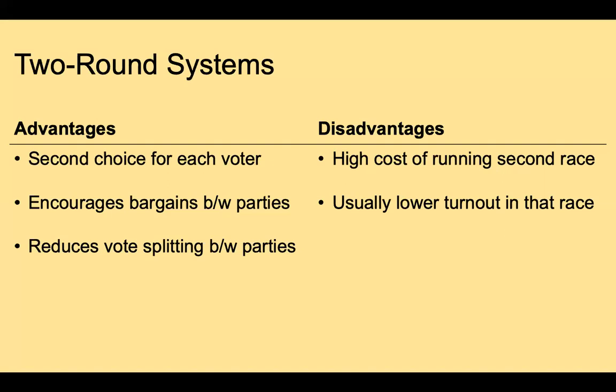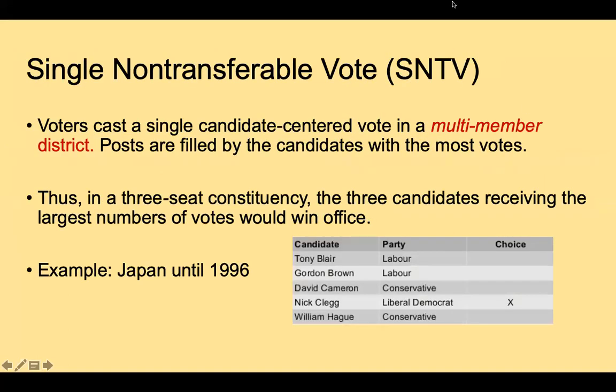Notably, in Georgia, those runoff races did not have lower turnout, or substantially lower turnout, if I'm not mistaken. A lot of new voters were registered in the interim. Part of that had to do with the fact that it was a very, very consequential race. It was in a unique election. But generally speaking, two-round systems can have the disadvantage of registering lower turnout and being costly to run when it comes to those second races.